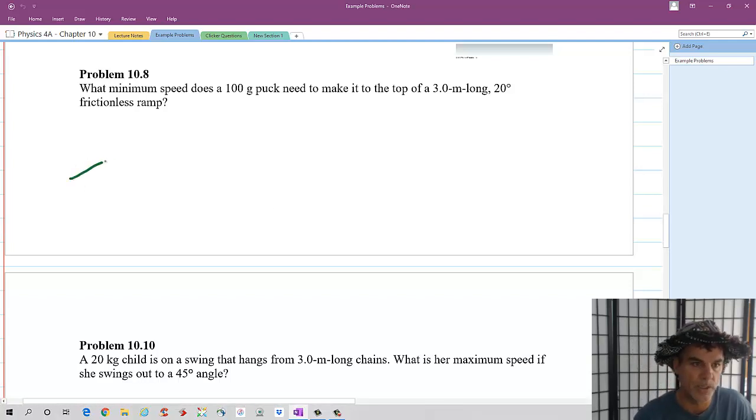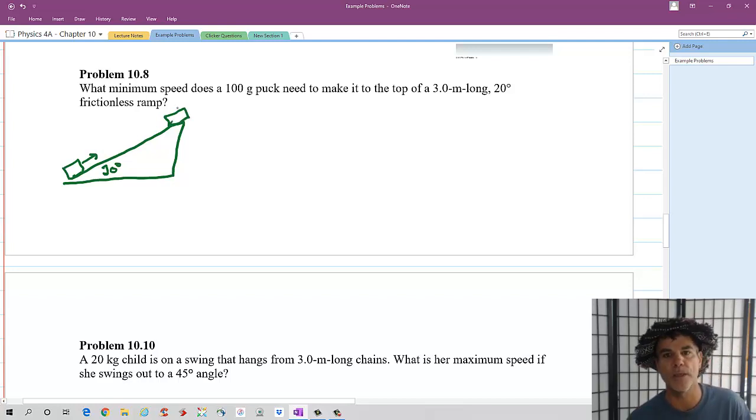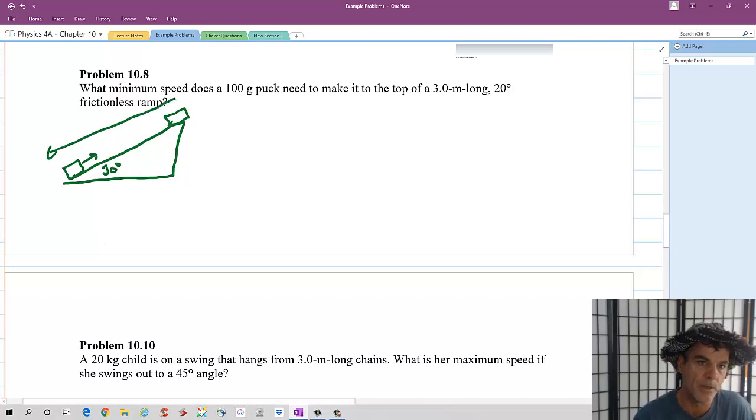So the situation is I've got a 20-degree ramp, and I have an object which has some initial kinetic energy, and I want to know how fast it must be moving to begin with to just make it to the top of a 3-meter long ramp. So 3 meters is the length of the ramp.